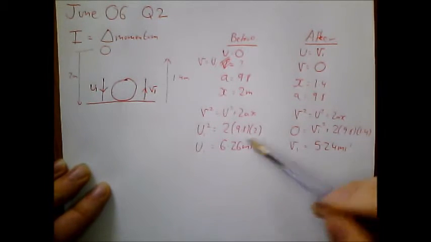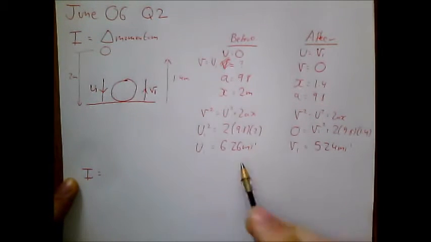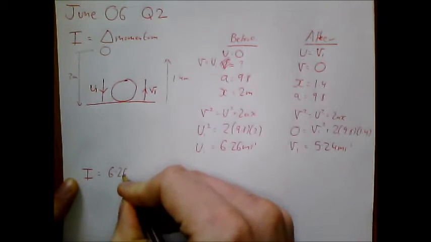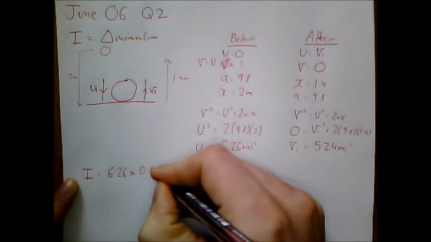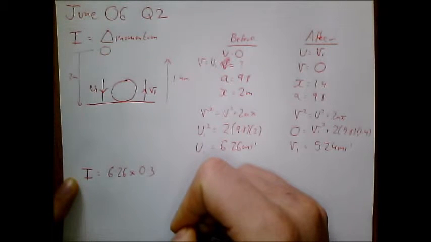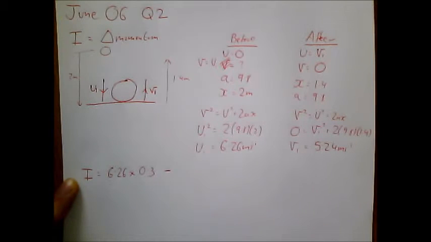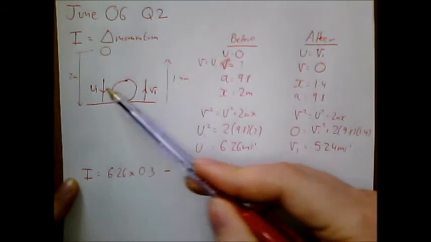So the impulse is a change in momentum. Initially it had a speed of 6.26 and its mass is 0.3 kilograms. And then we're going to see the difference between them. Now, here's where we need to be a bit careful. We want to find a difference between them, but they're in opposite directions here.